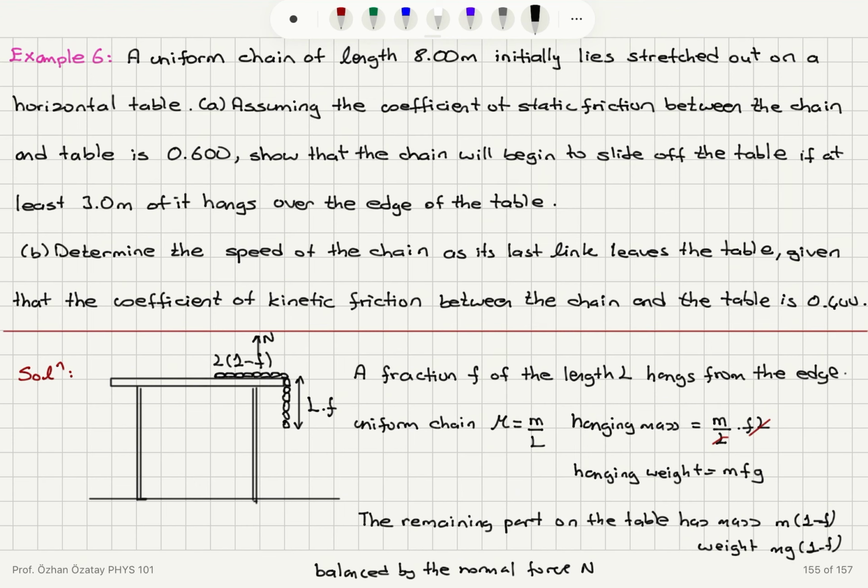Okay, now we want to show that the chain will begin to slide off if at least 3 meters hangs over the edge, which means we have reached the maximum static friction. The maximum static friction is equal to the coefficient of static friction times the normal force.